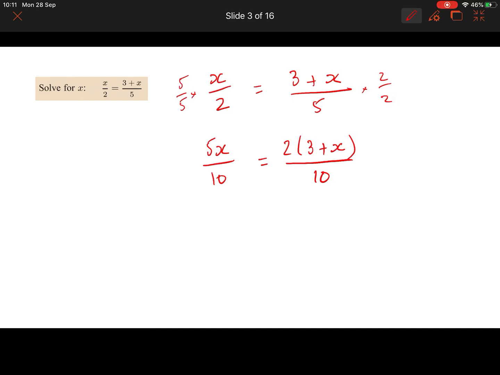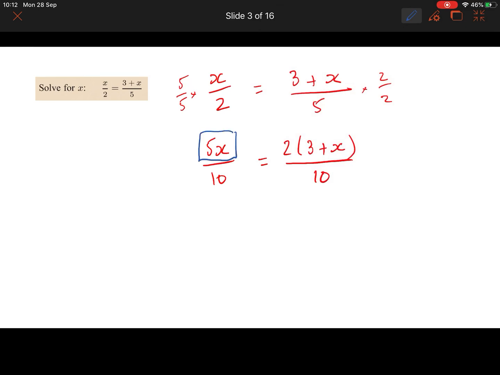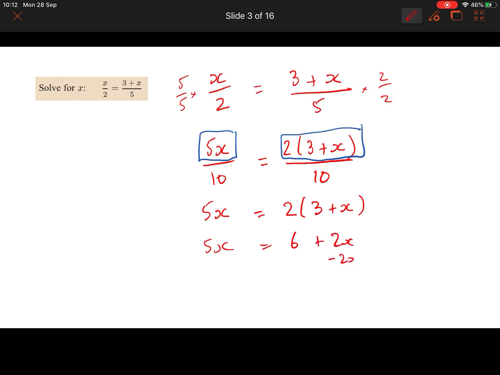Now, just look at the logic of that. I'm saying something over 10 is equal to something over 10. So that means that whatever this bit is must be equal to this bit. So the beauty of making a common denominator is that I can now ignore it. I can just say straight away 5x must then be equal to 2 times 3 plus x. And now I just need to solve it in the normal way.